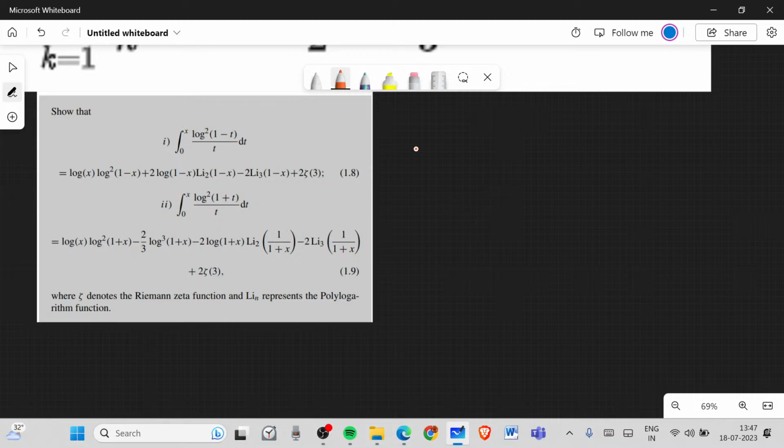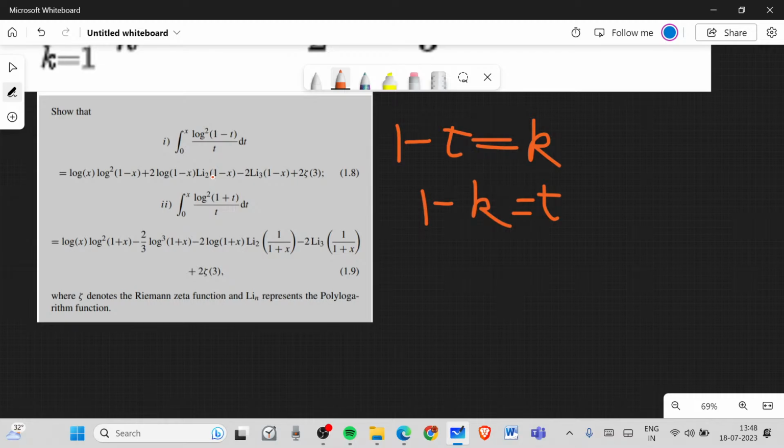I am putting 1 minus t as k, then 1 minus k is t. Oh, these limits would also get messed up.